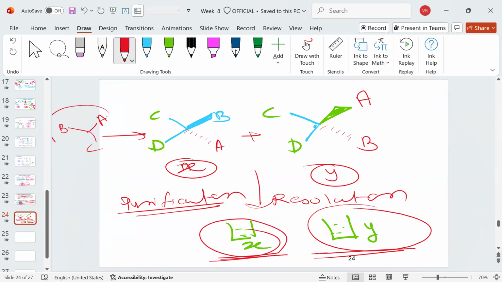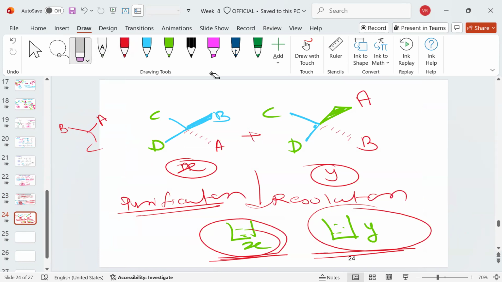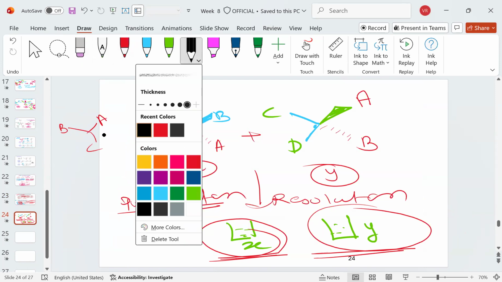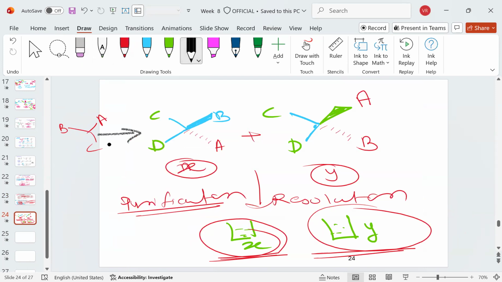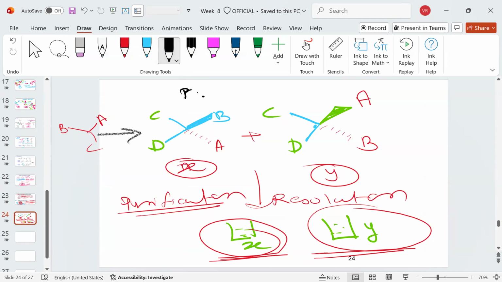So in my reaction, I am getting the product. Let's say whatever the reagents I use, I got these two types of product, and these are the products.